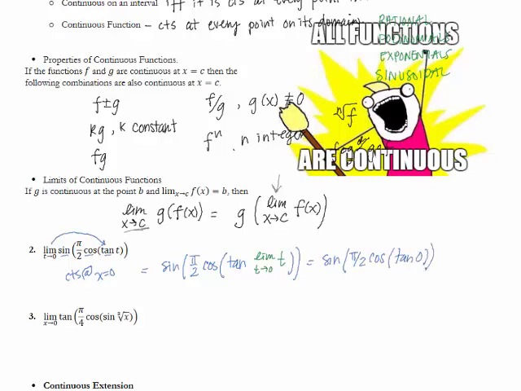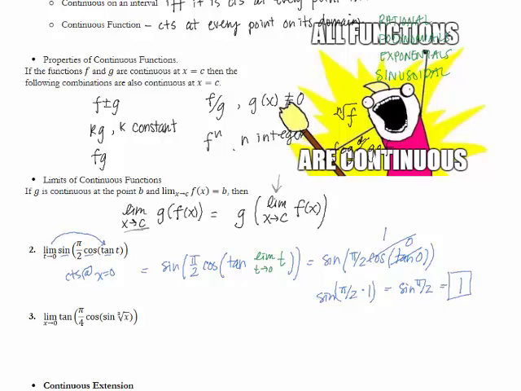And we've evaluated the limit statement. Now we just have to finish this algebraic expression. The tangent of 0 is 0, so the cosine of 0 is 1. Now we have the sine of pi over 2 times 1, which is the sine of pi over 2, which is 1. So this limit is 1 by basically substitution.